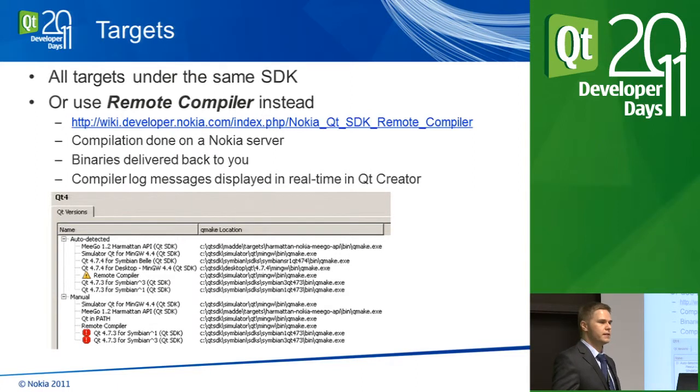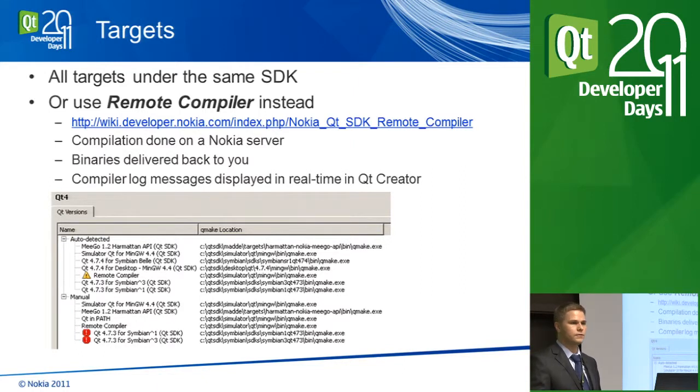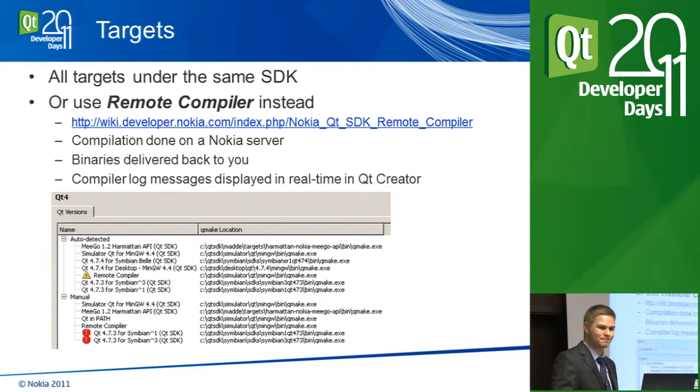You will be able to install them on your device and try out your application. You will need a Nokia account for using that, but that's not a problem, obviously. You can just go to developer.nokia.com and register and get an account.